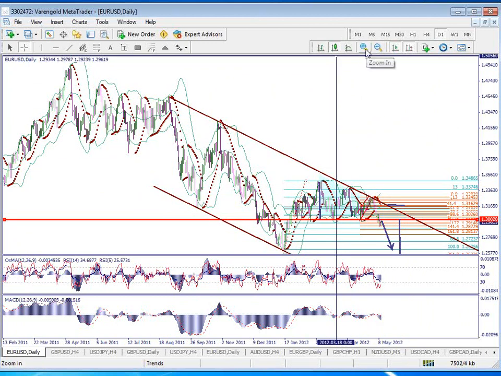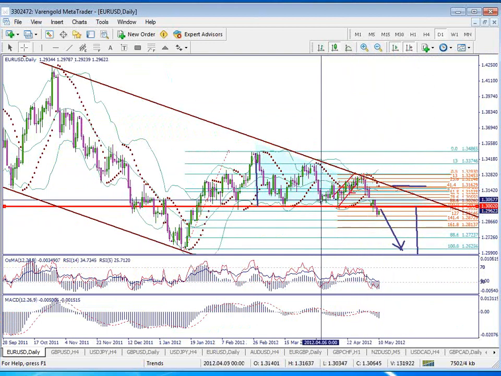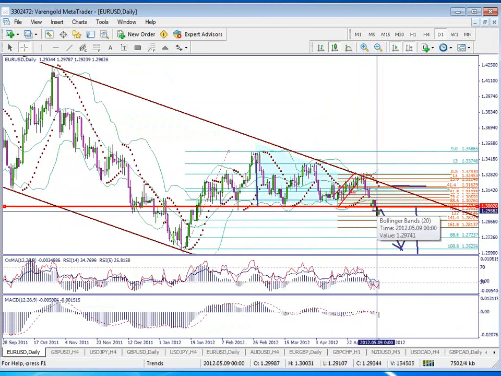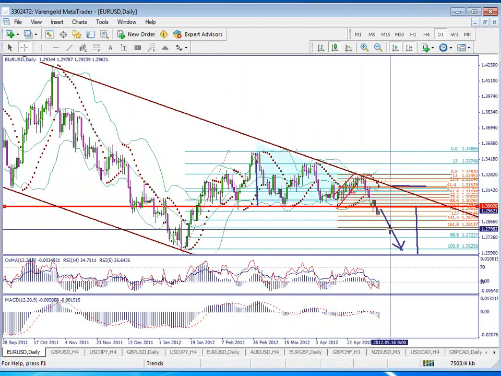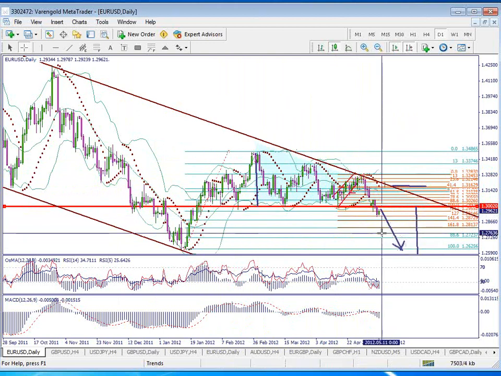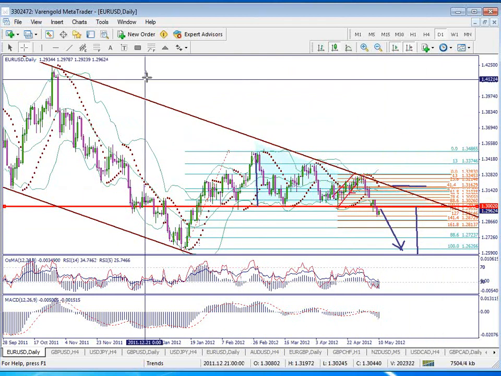I think it is very possible to have one correction. Also, we don't have a wave 5 till now, probably it will not be so big, and it will start the correction.